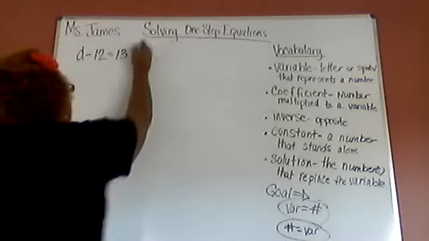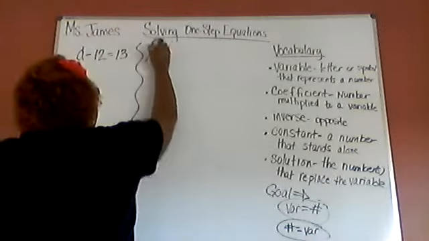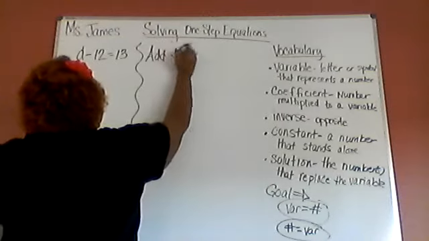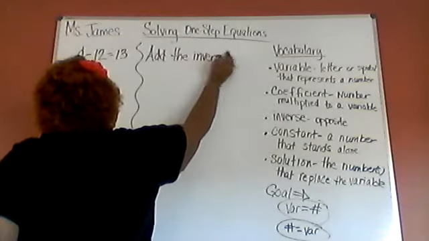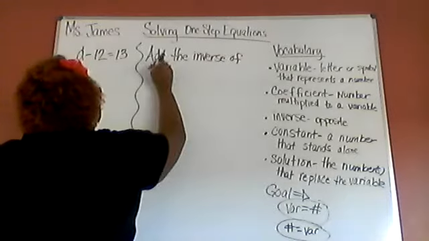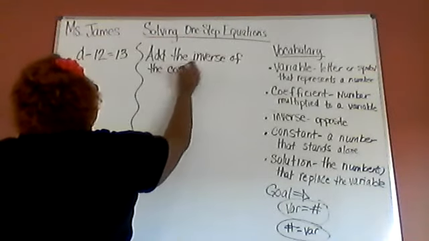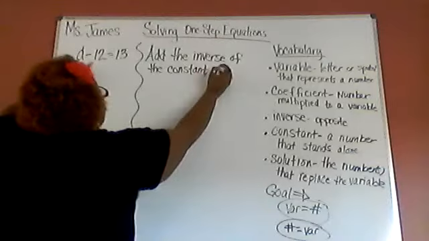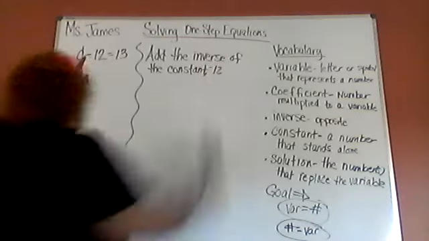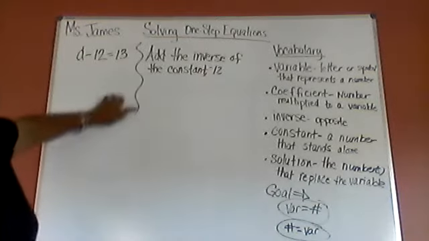So our thing was add the inverse of the constant. In this situation, our constant is going to be negative 12. Not 12, but negative 12.